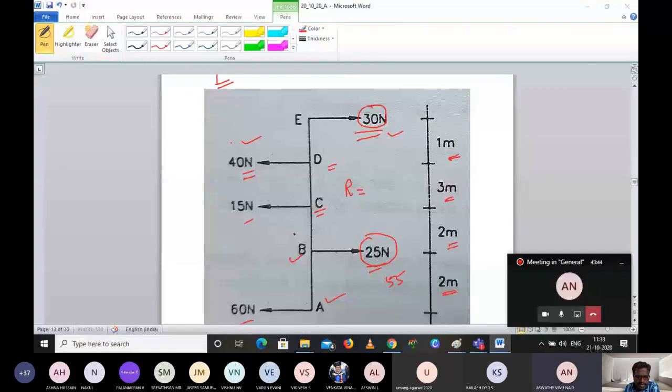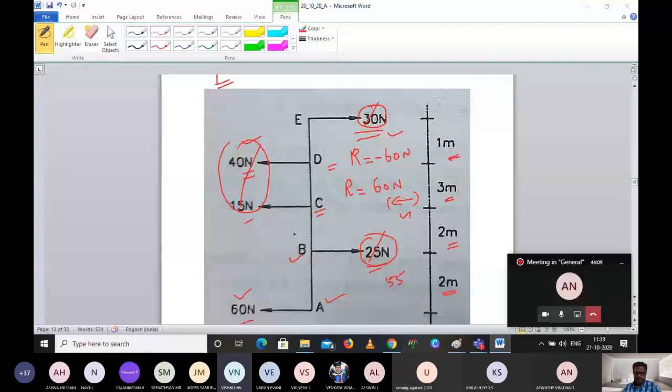And on this side 55 is already there. So these three things will get cancelled. I will get only 60 Newton, minus 60. Yes, sir. Very good. Because it is acting towards the left side, negative x-axis, I can write it like this, minus 60 Newton. Otherwise, I can put it like this. Am I right? Yes, sir.